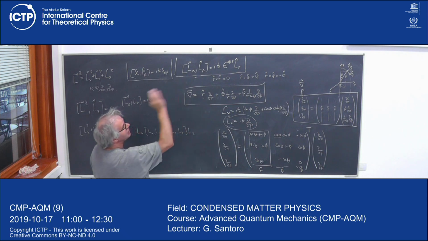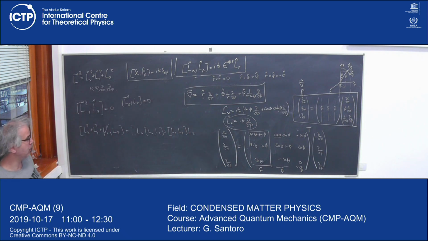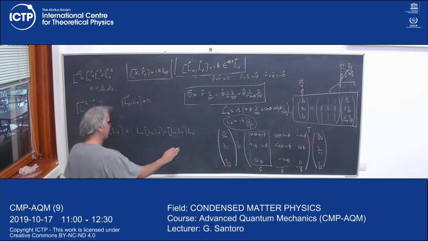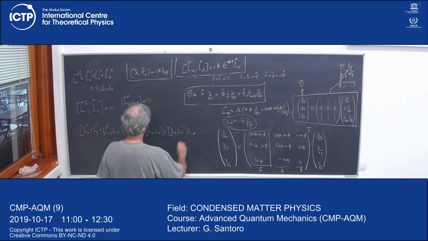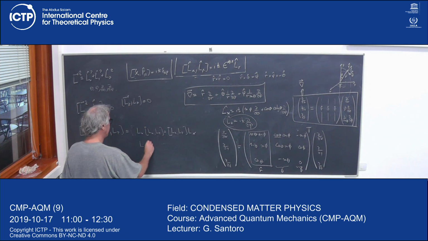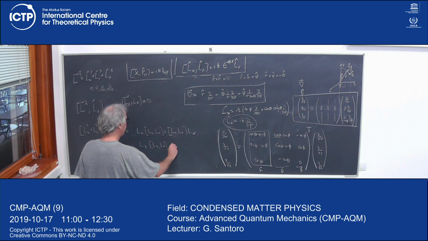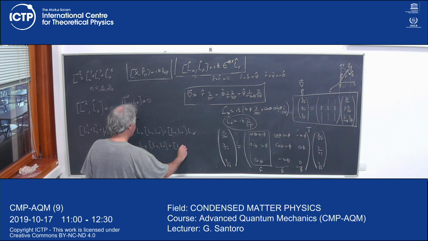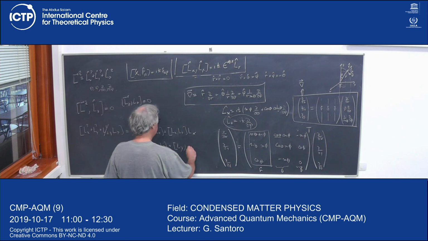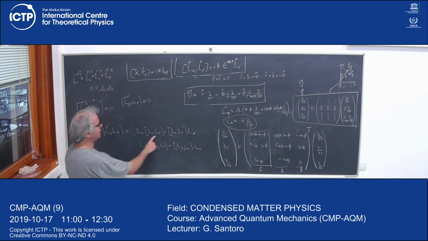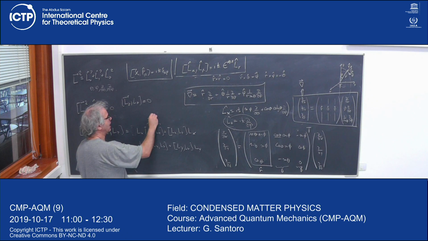I use the rule that I erased about commutator of product. Lx. And then the same thing with Ly, Lz plus Ly, Lz, Ly. Okay? Let's see, how much is this? Minus I h bar Ly.